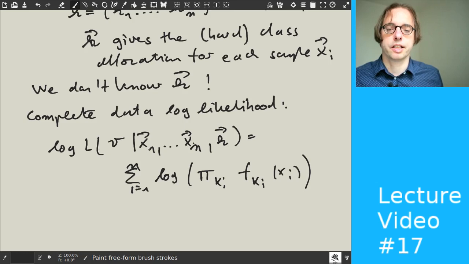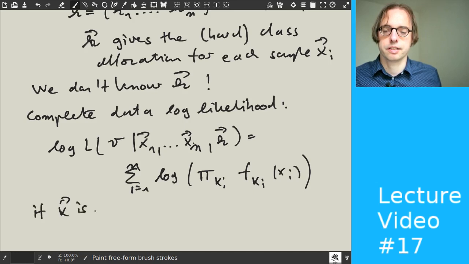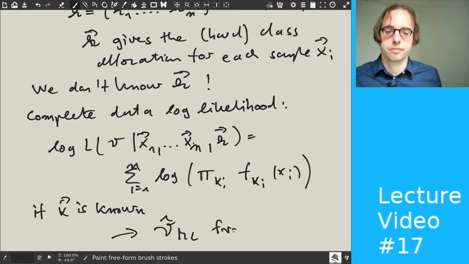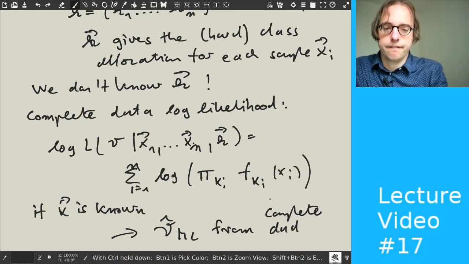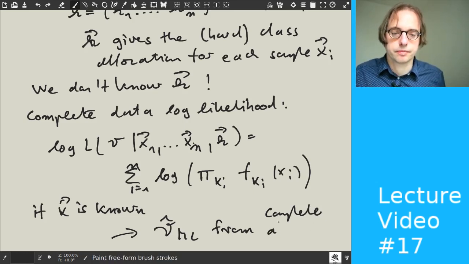So if we know k, we can estimate theta. If k is known, we get theta hat ML from this complete data log likelihood.